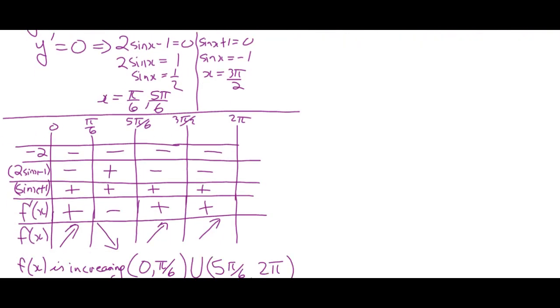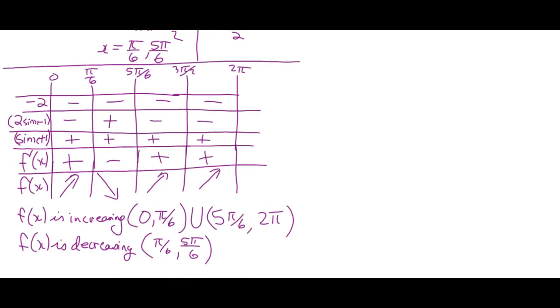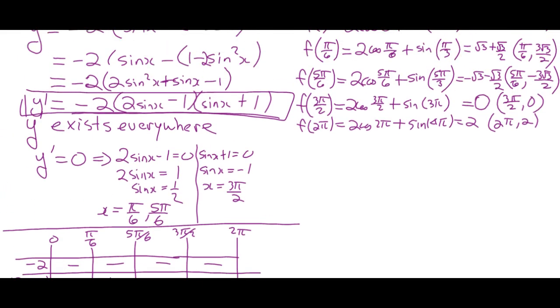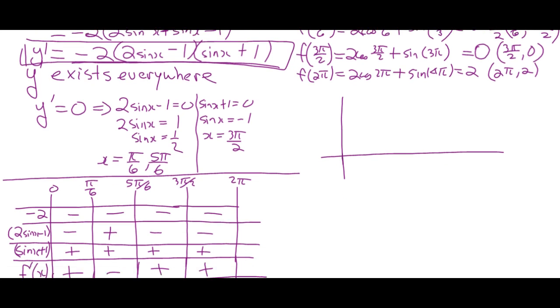So what we're doing basically is putting this together. From 0 to pi over 6, we're going to increase. So we've got some points that we can plot. We're starting at 0, so we got 0, pi over 6, 2 pi over 6, 3 pi over 6, 4, 5 pi over 6, 6, 7, 8, 9, 3 pi over 2, 10, 11, 12, 2 pi.